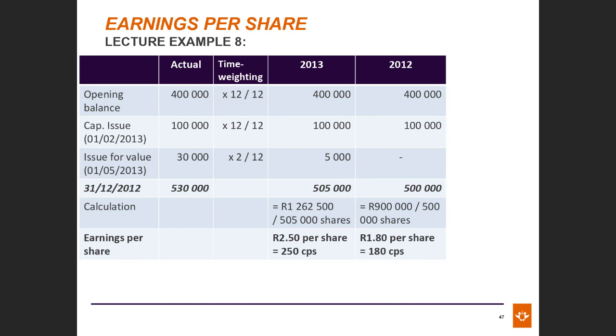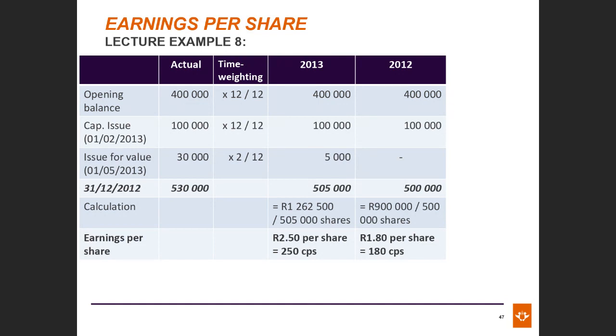So we're going to take the 30,000 actual number of new shares issued, and we're going to multiply it by 2 divided by 12, because it is time weighted for 2 months, because we only had these new shares for 2 months. Therefore, it only increased our earnings potential for 2 months. So in 2013, the weighted number of shares relating to this issue for value is 5,000 shares.